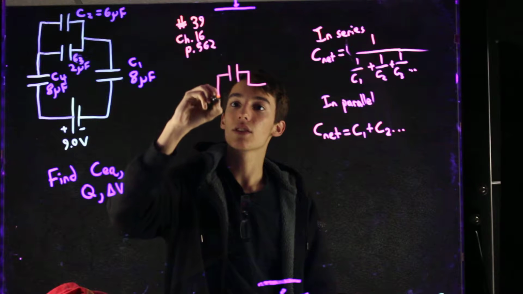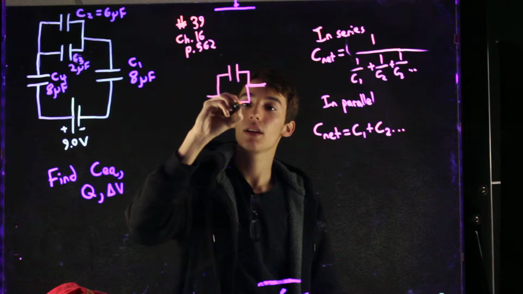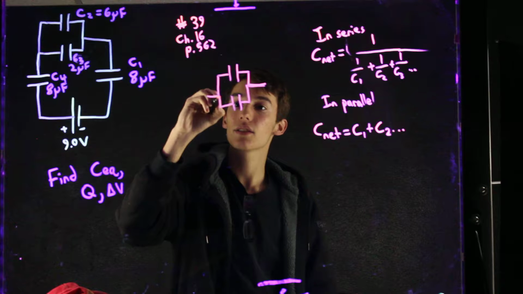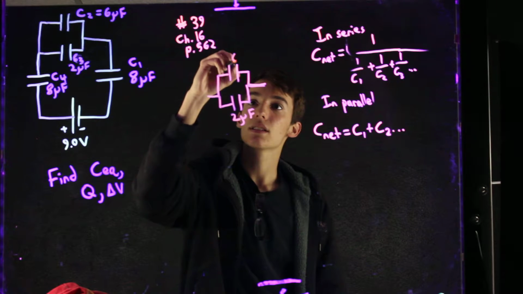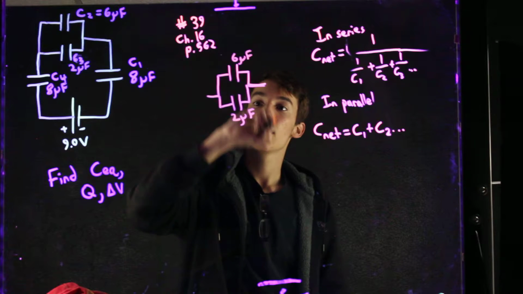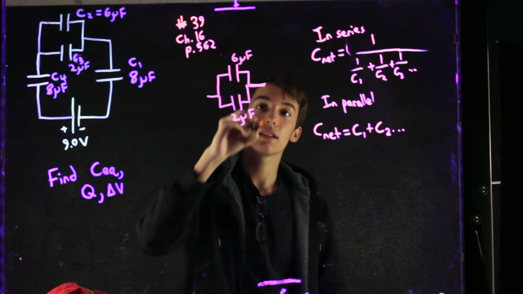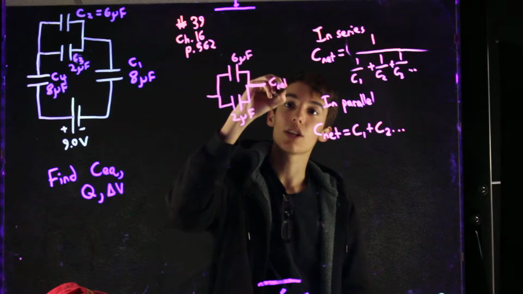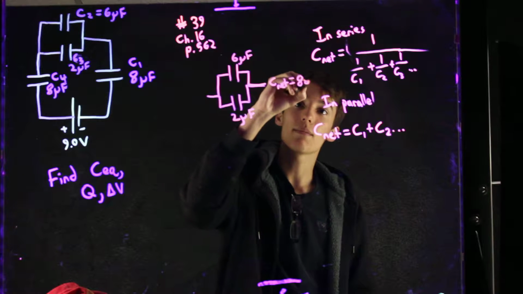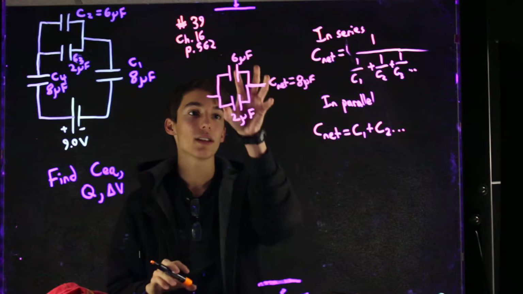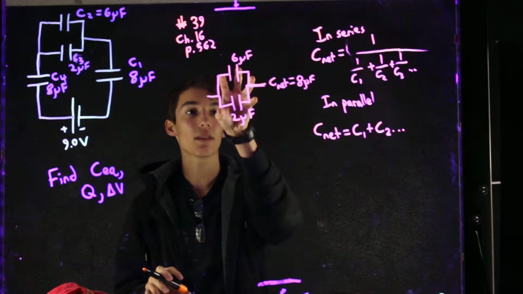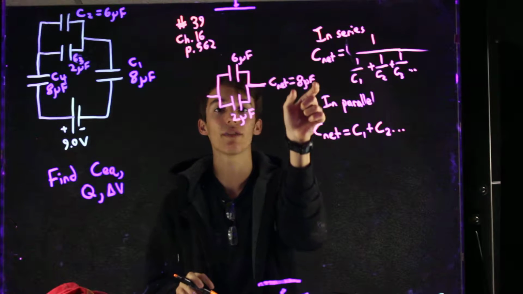So here's that capacitor, and here's our other capacitor. This one is 2 microfarads, this one is 6 microfarads. And so the equivalent capacitance C net is just the sum of that, and that's going to be 8 microfarads.